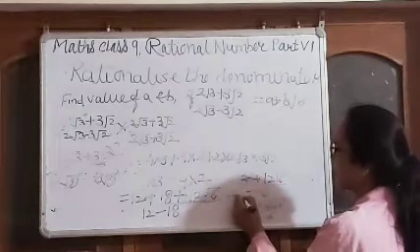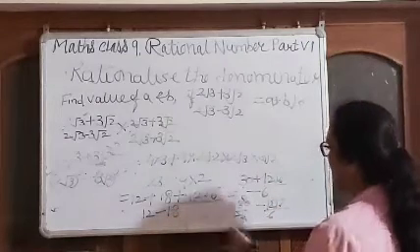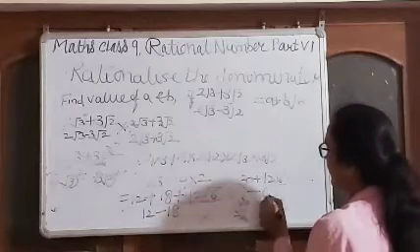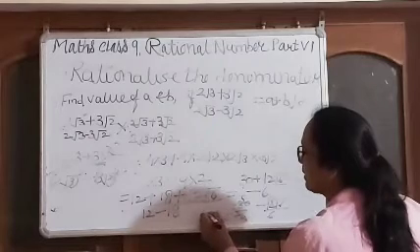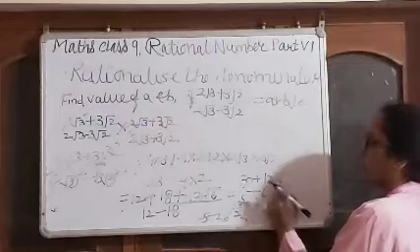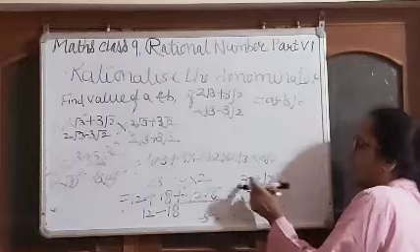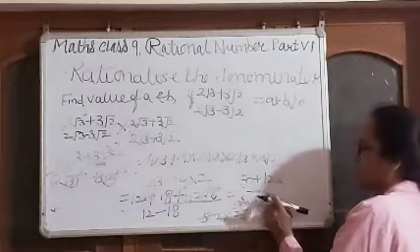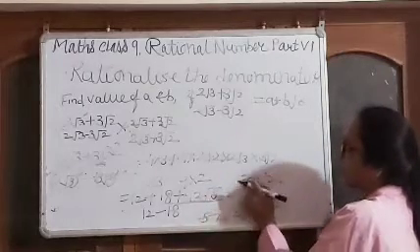6 1s are 6, 6 5s are 30. So what is the A? It is minus 5. When you solve it, 30 plus 12 root 6 upon minus 6, we will divide by minus 6 each term.